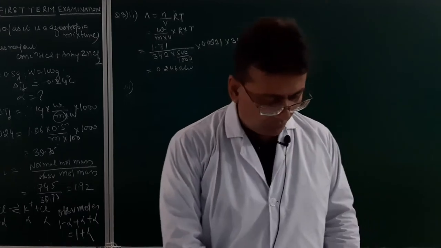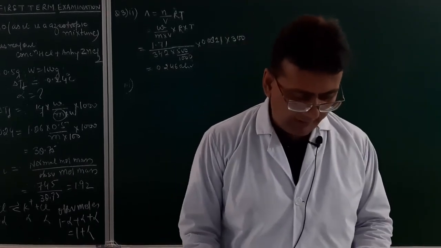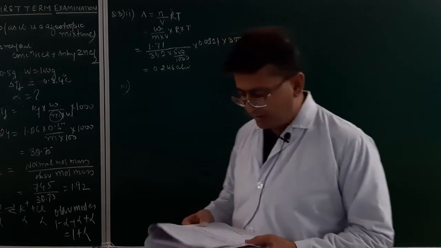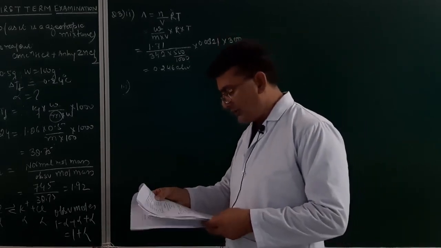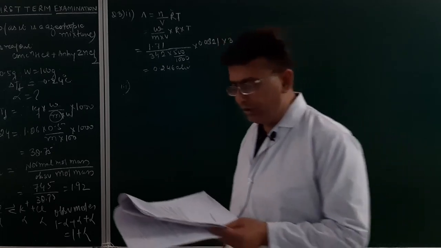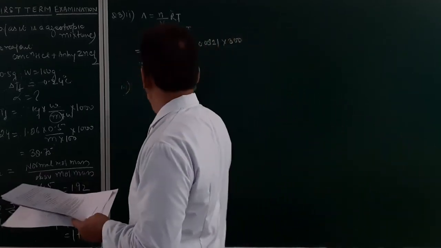What is the third part of the question? It is given as 0.70 gram of an organic compound when dissolved in 32 gram of acetone produces an elevation of 0.25 degrees C in the boiling point.